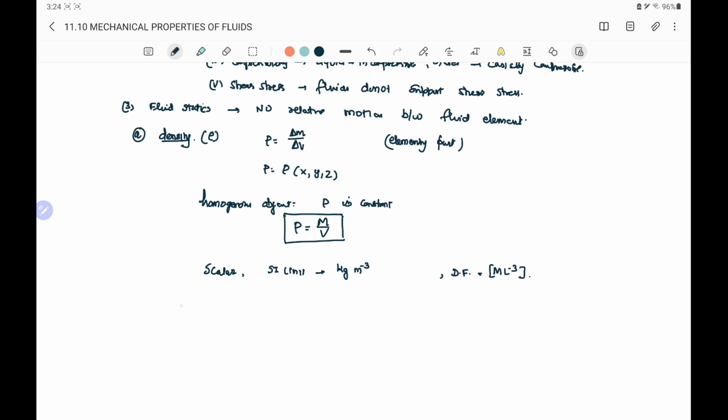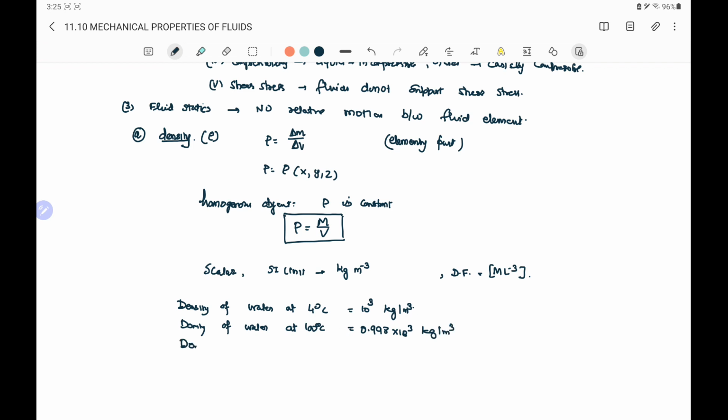For example, density of water at 4 degrees Celsius is 10 to the power 3 kilogram per meter cube. Density of water at 100 degrees Celsius is 0.998 into 10 to the power 3 kilogram per meter cube.